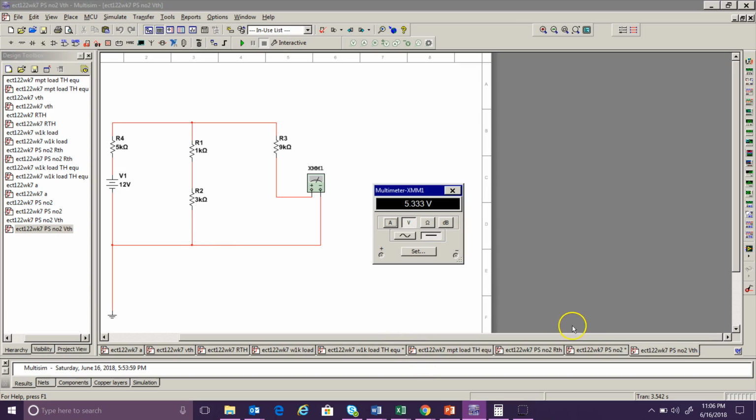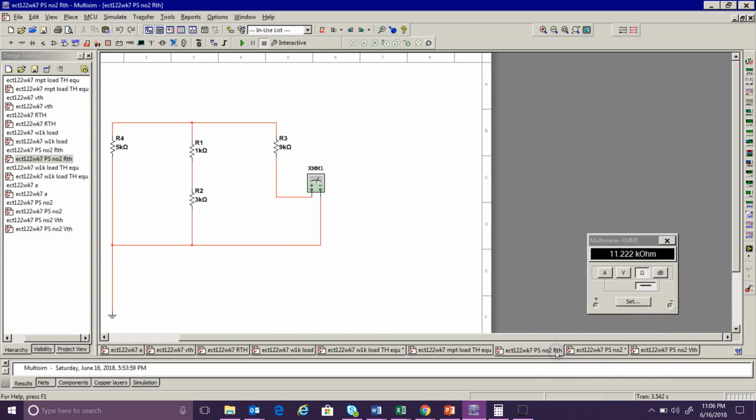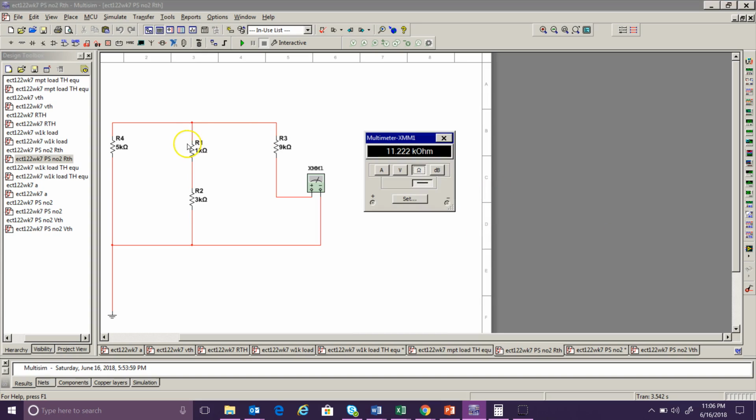Okay, the next thing we want to do is look for the equivalent Thevenin resistance.